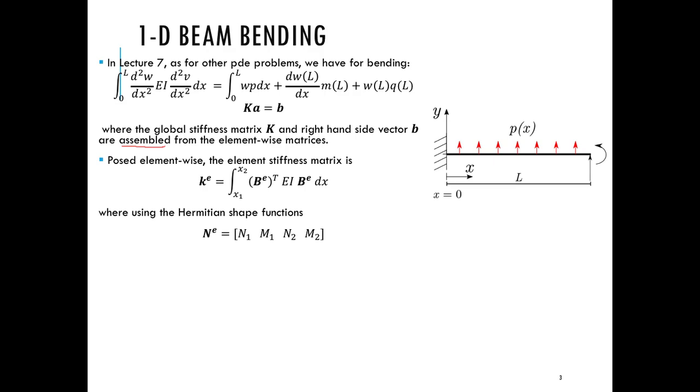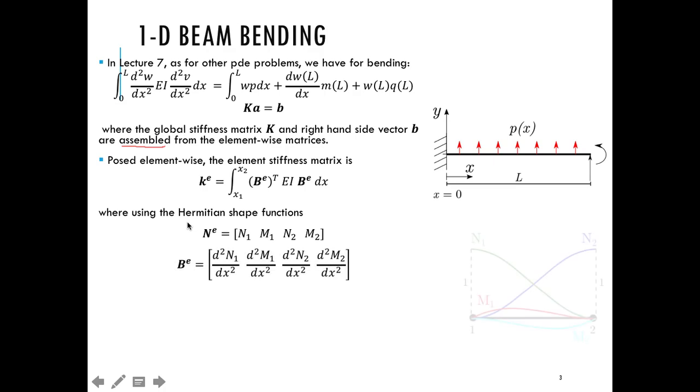So this time around for beam bending, we saw that we have to use a new type of shape functions referred to as the Hermitian shape functions. These Hermitian shape functions look like so. I'll come to these in just a second. Using the Hermitian shape functions, my N matrix, which contains my shape functions, takes this expression right here.